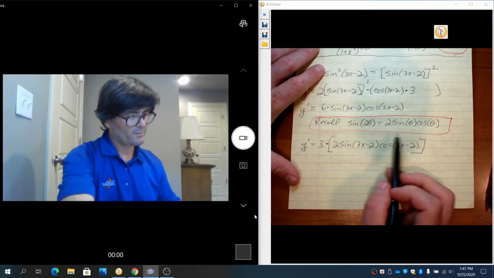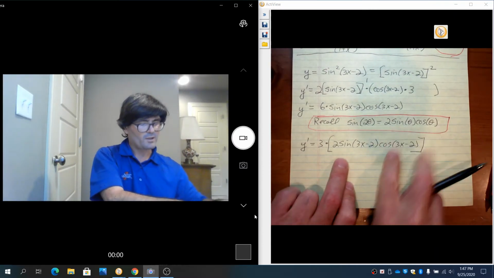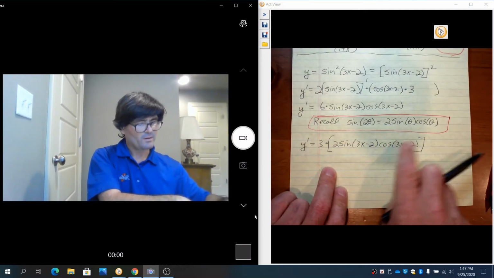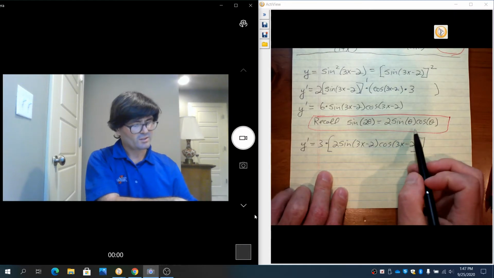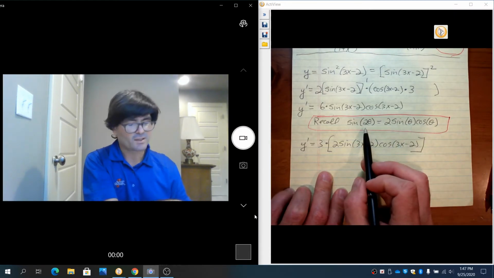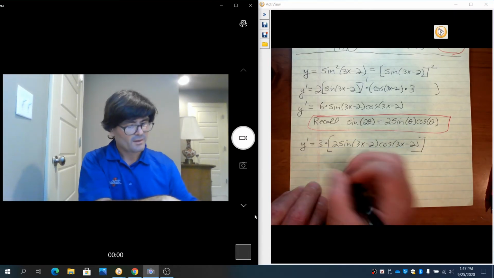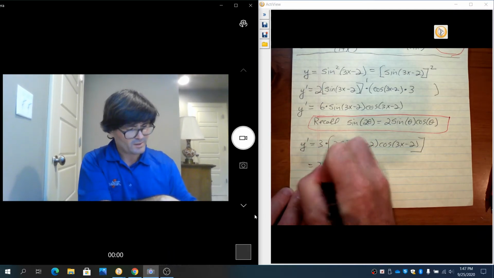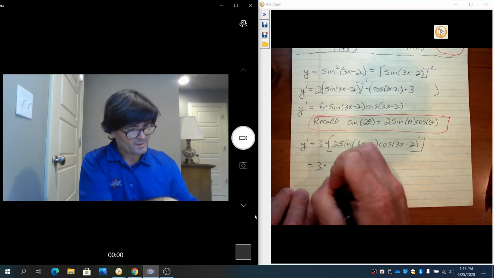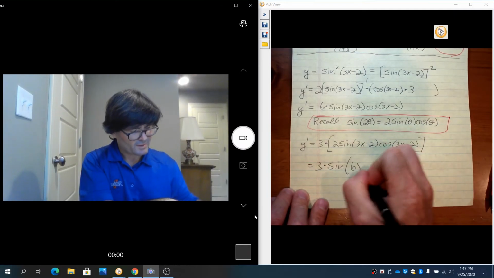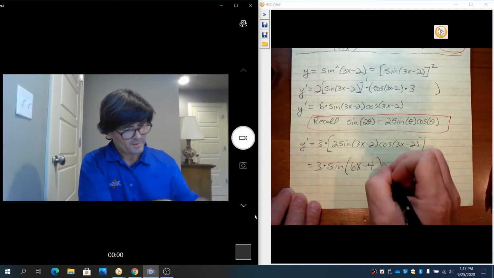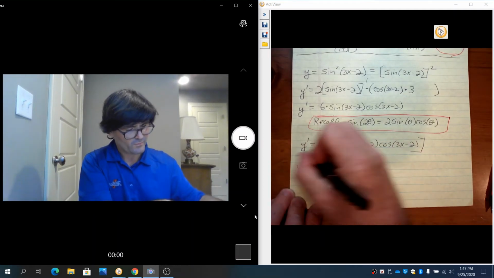And so now we've got this form right here: 2 sine of something, cosine something. Flip over here to the other side of the equal sign and you see that we've doubled the angle, and this is now going to be equal to 3 times sine of 6x minus 4. And that is going to be the derivative.